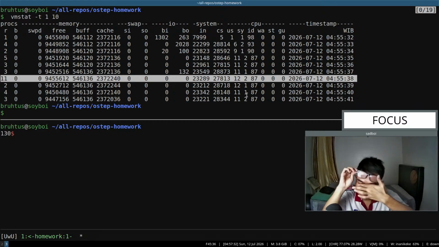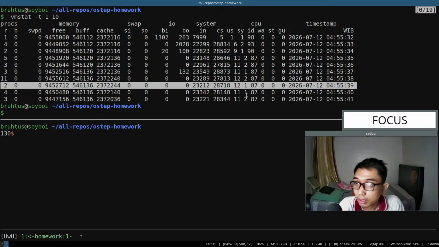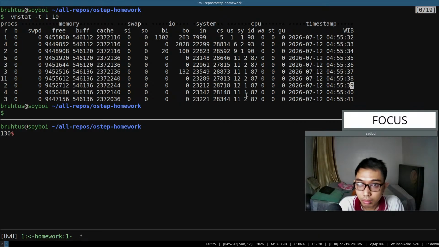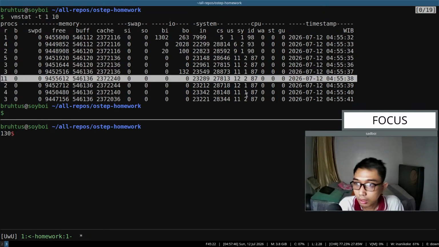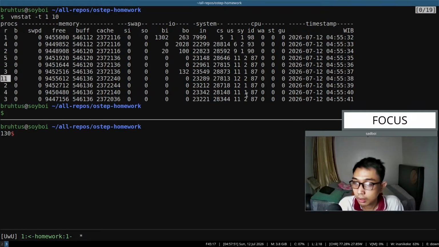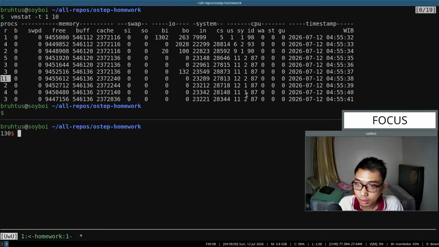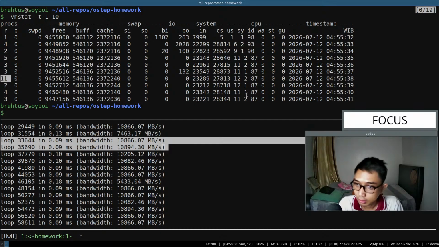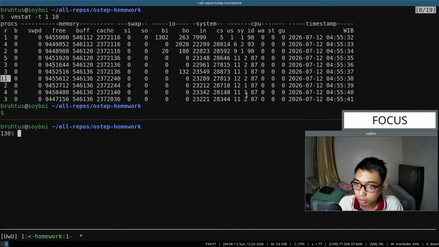Oh, okay. And then decreases again. Okay. I wonder, is the R here increased because of the script? Maybe, maybe between these. I'm not sure.